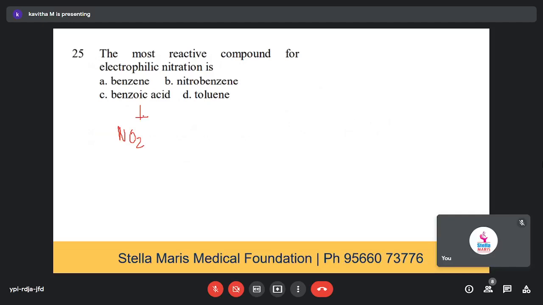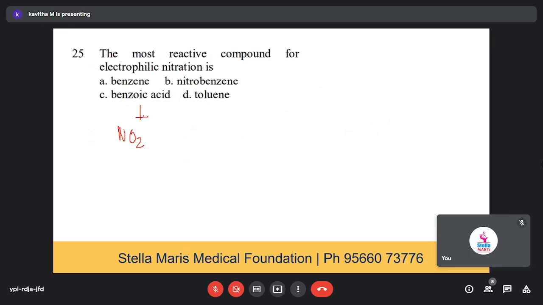What is the nature of the nitro group? When you draw the resonating structures, NO2 is an electron withdrawing group, right? The NO2 group attached to the benzene ring pulls the electrons out of the ring. In the same way, benzoic acid is also an electron withdrawing group. So these two pull the electrons out of the ring.